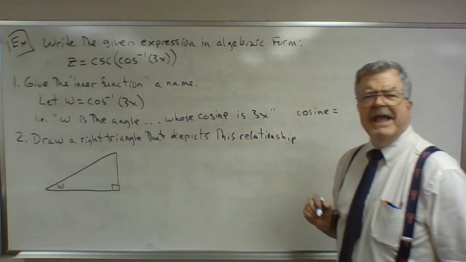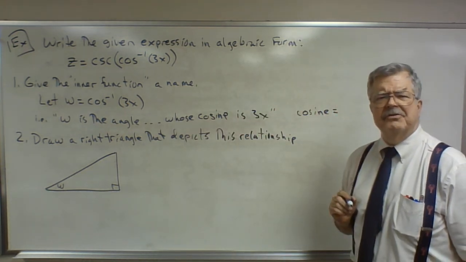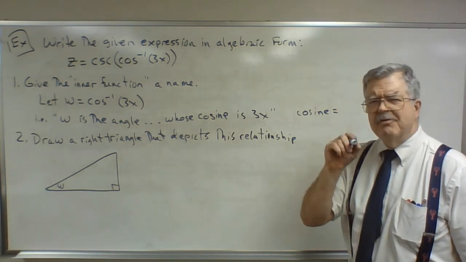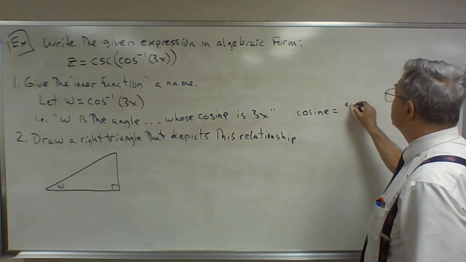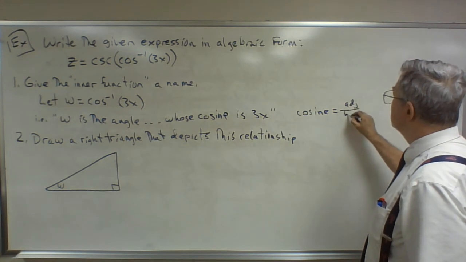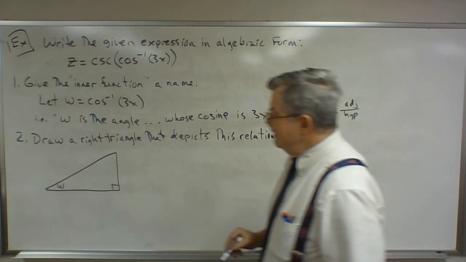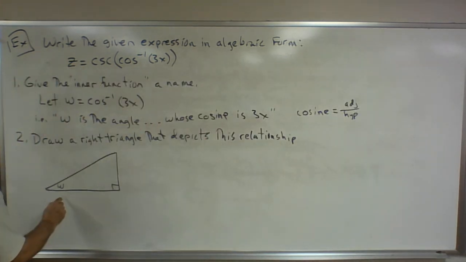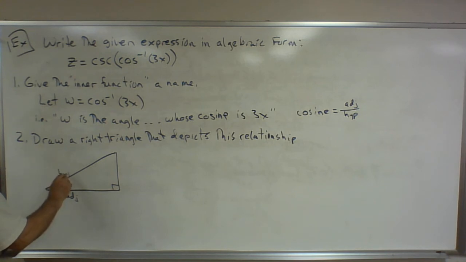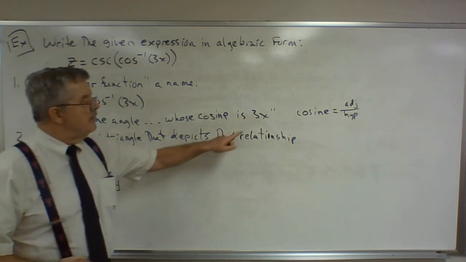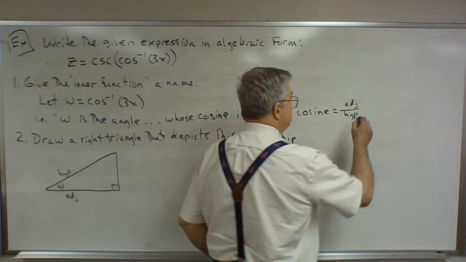Now in right triangle trig, what is the cosine? Isn't it adjacent over hypotenuse? So we can call the adjacent anything that we want, and we can call the hypotenuse anything that we want, as long as they're in a ratio of 3x to 1.